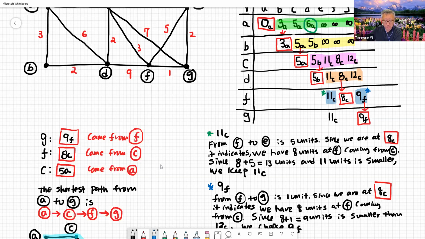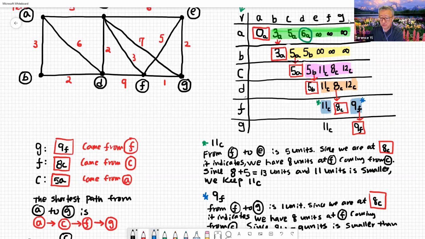So the shortest path from A to G. We are going to look at how we're going to do this. You have to go backward. So let's just take a look. We are at G over here. Then I have to go to the F because it's telling me that I need to go to F here, subscript. So I'm going backward from here on the left-hand side.